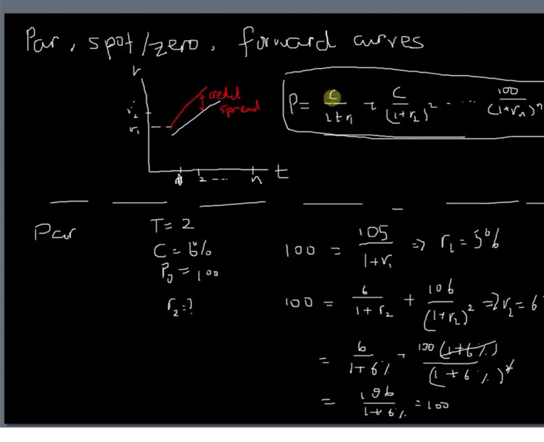Spot rate curve is simply the curve that allows you to get all these R values, and then you can simply plug it into this formula to obtain the price of a bond. So again, let's look at the relationship between the spot rate curve and zero coupon.